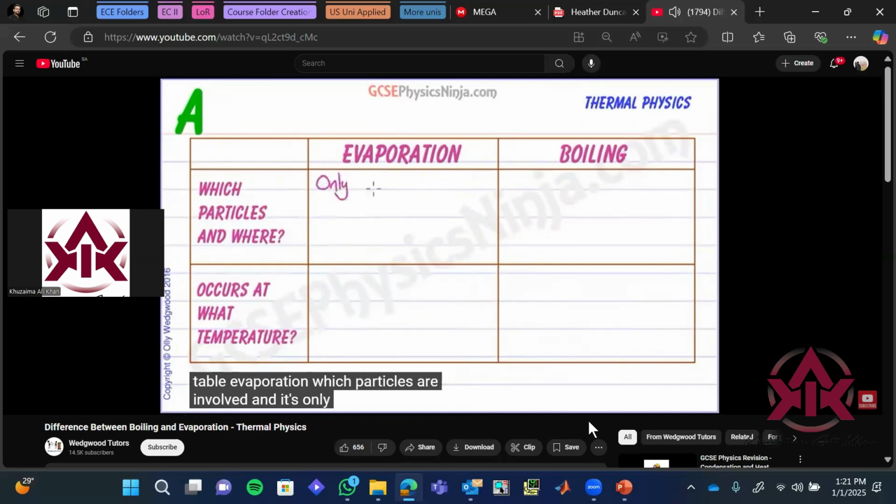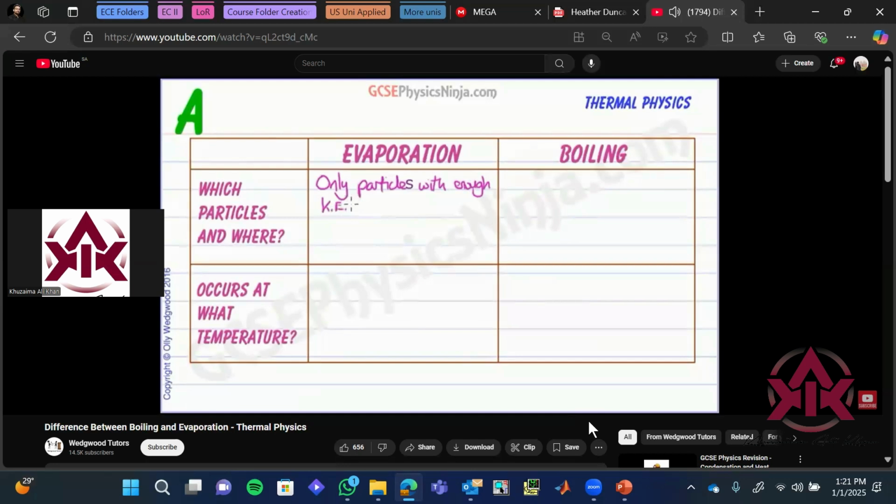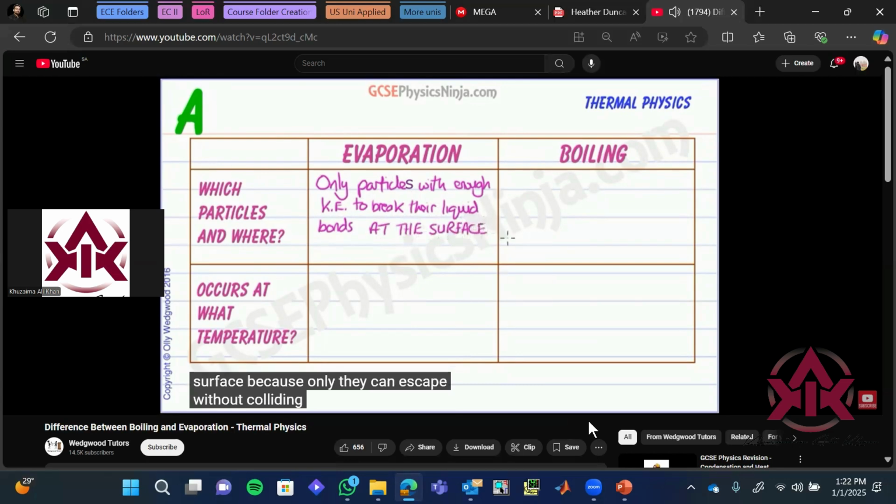It's only particles with enough kinetic energy to break their liquid bonds at the surface, because only they can escape without colliding into other liquid particles.